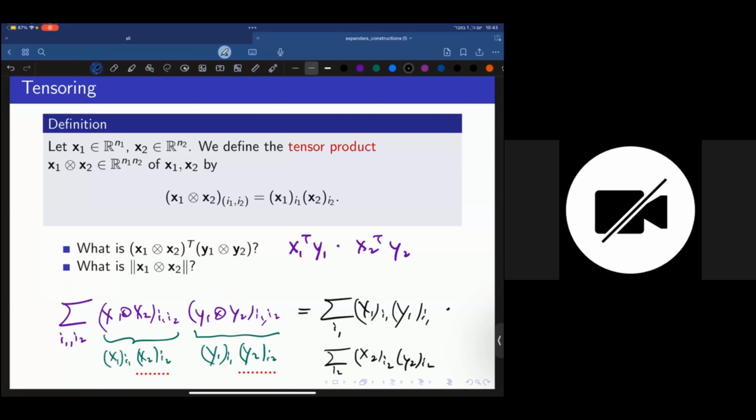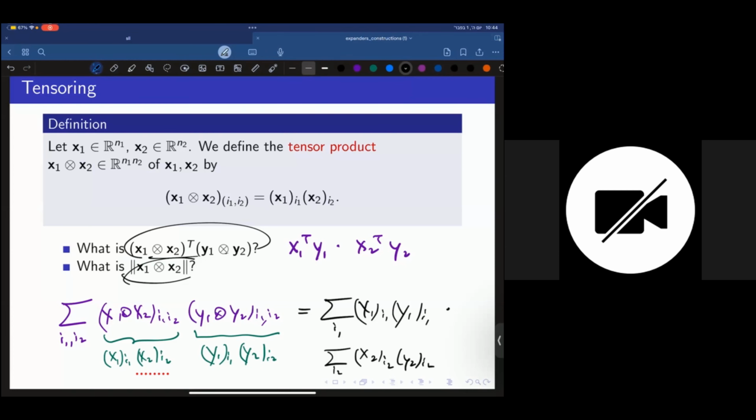The norm of any vector v, which is this tensor product of x1, x2, the square of it is v transpose v, right? So just take y1, y2 to be x1, x2, and take the square root, and you get the norm. This thing is the square of that when you take y to be the same as x. So that becomes just the norm of x1 times the norm of x2. So let me just erase this and say that.